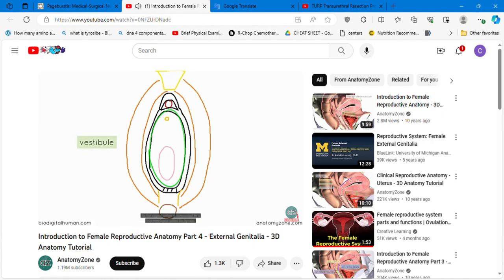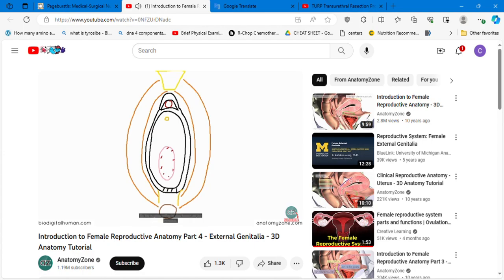The vaginal orifice is surrounded by a thin membrane called the hymen. In young girls this completely covers the orifice, but you get rupture of this fold of membrane with first sexual intercourse or through other mechanisms such as injury. After perforation of the hymen, you get remnants of the membrane which surround the vaginal orifice.